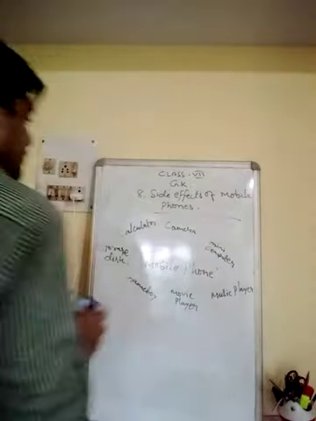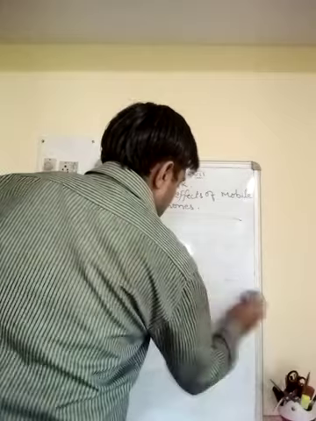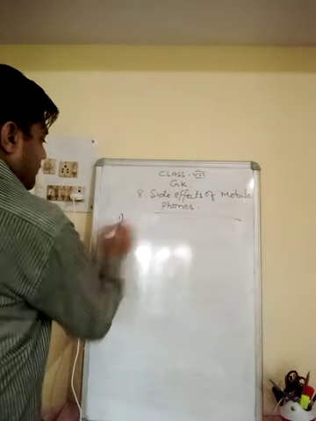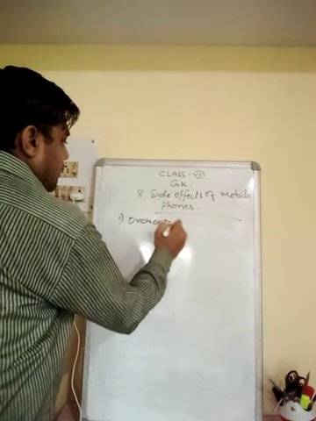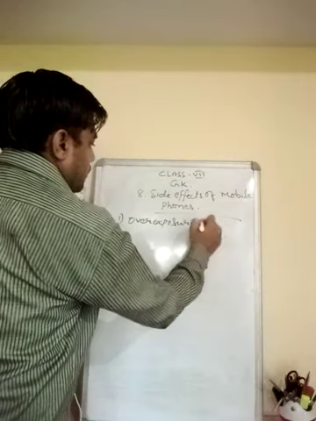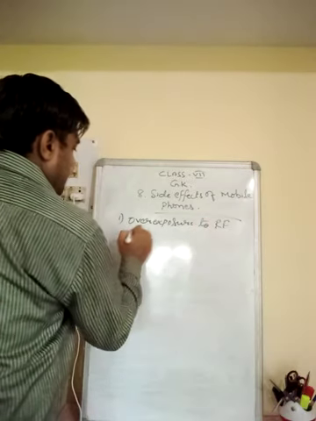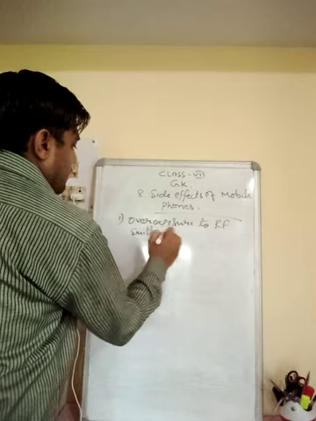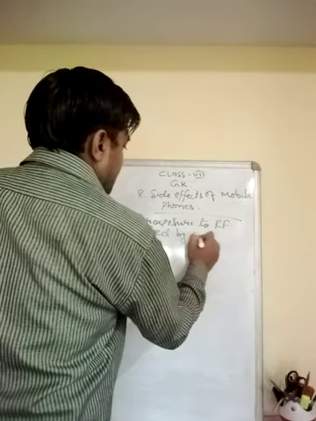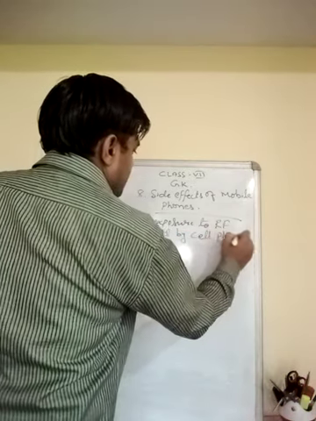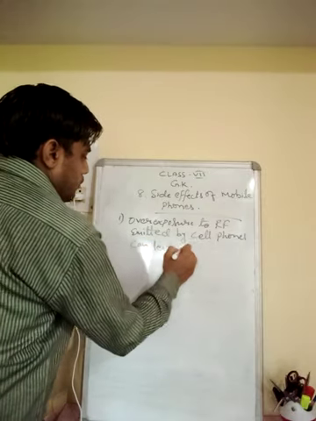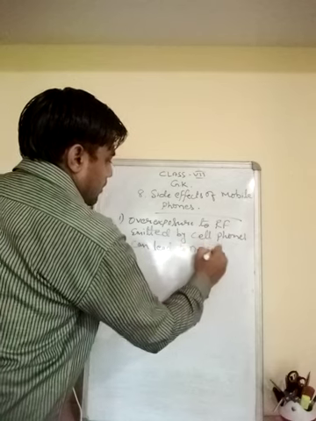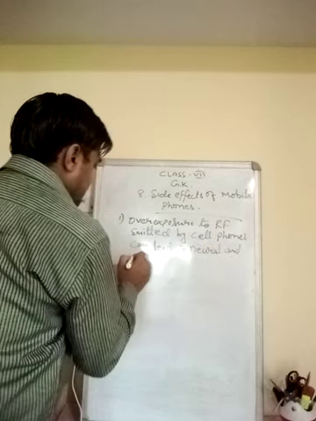Like, first one, overexposure to RF emitted by cell phones can lead to neural and cardiac diseases.